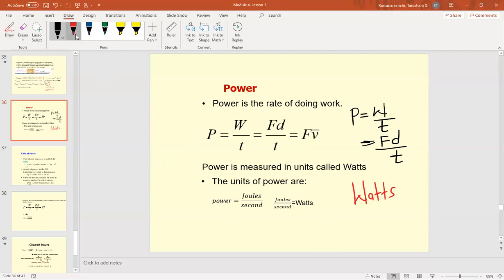Force times displacement over time, and displacement over time we call velocity. So power is F times V.